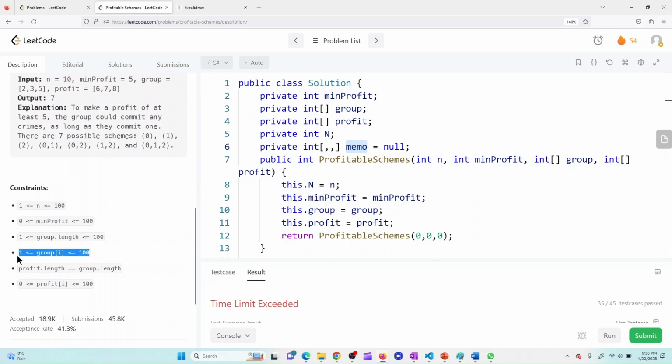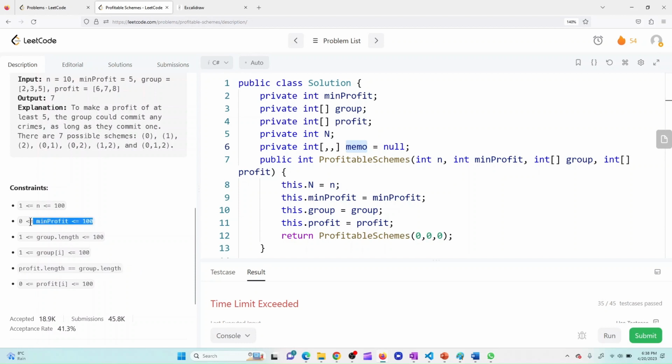The group length is 100, so maximum 101 people could be involved. And the total number of crimes: profit.length is group.length, and group.length is 100. So that means we have a maximum of 101 crimes possible.